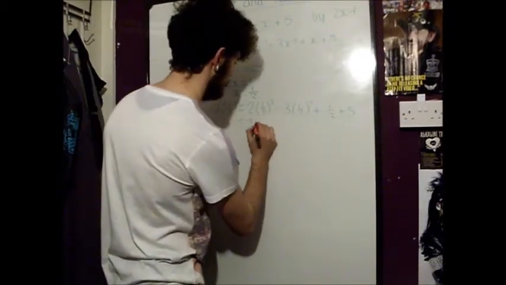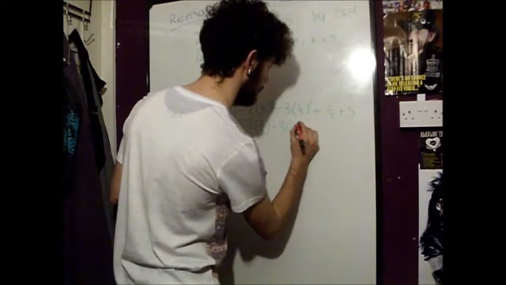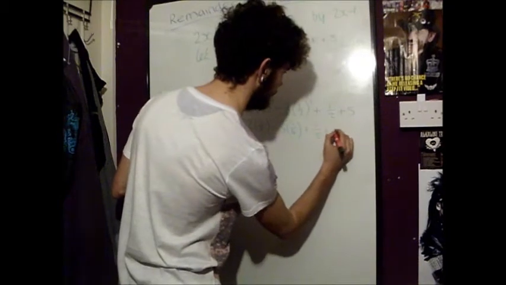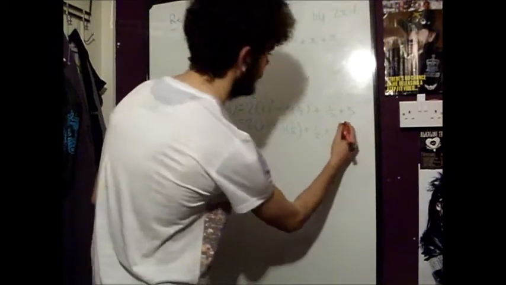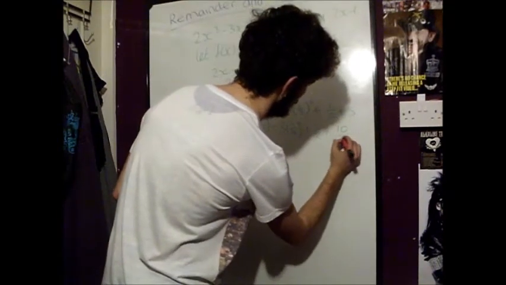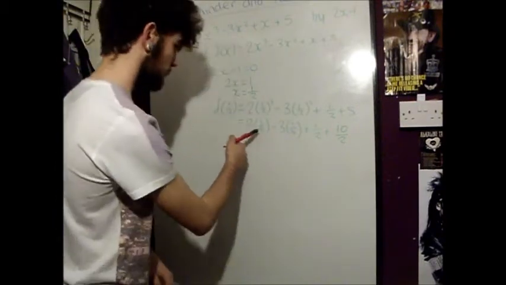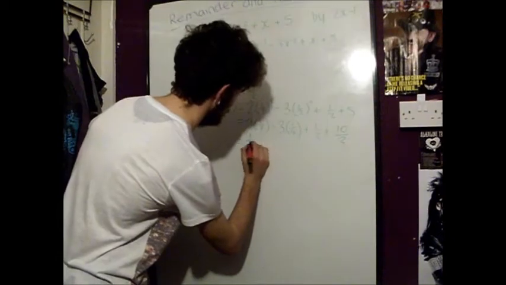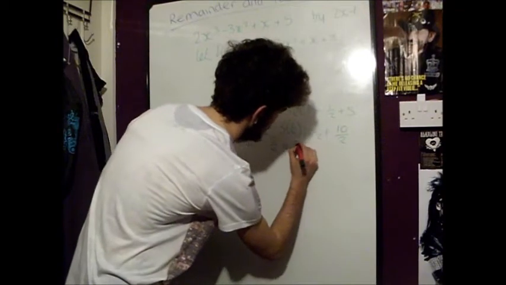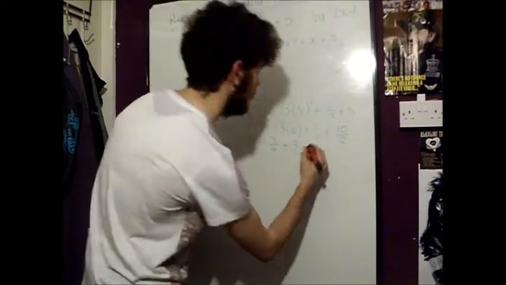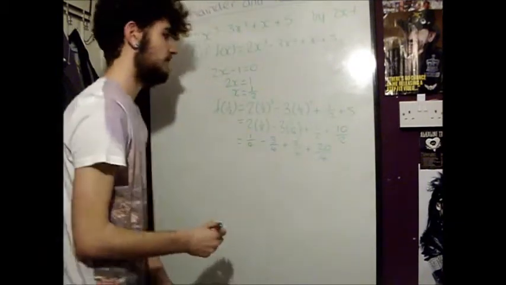So 2 times an eighth, minus 3 times a quarter, plus a half, plus, I'm going to put this over 2 to make it easier, plus 10 over 2. Now this becomes a quarter minus 3/4 plus 2 over 4, which is a half, plus 20 over 4, which is 10 over 2, which is 5.